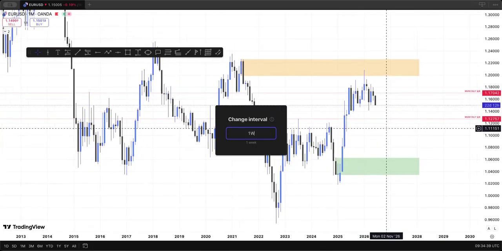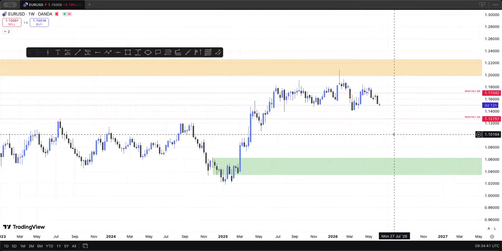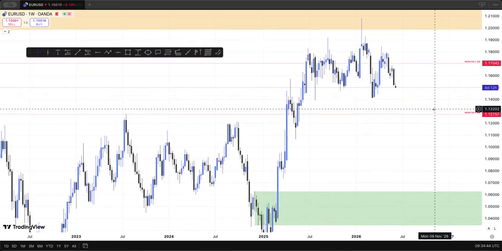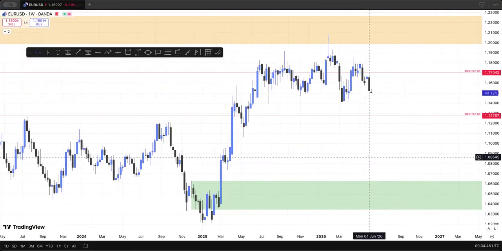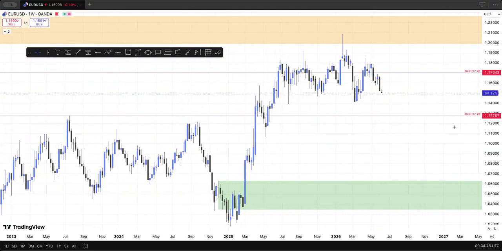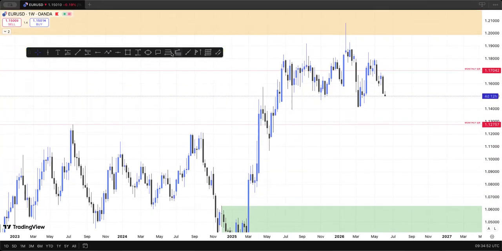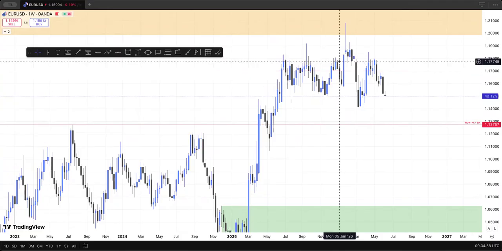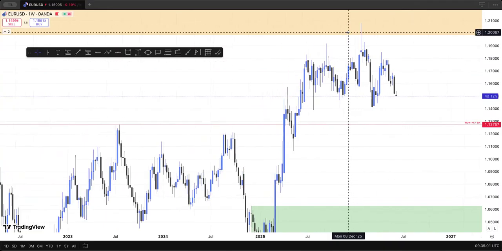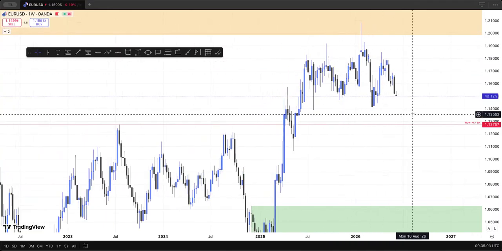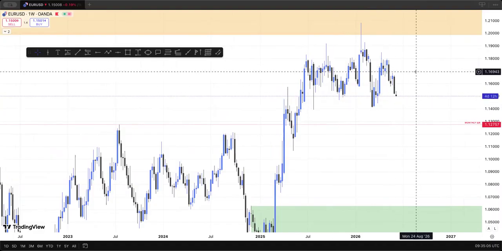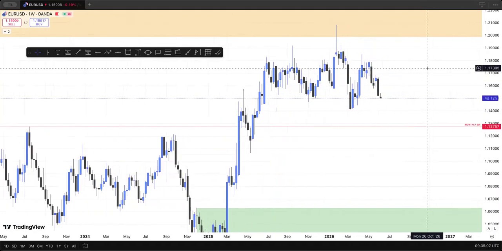So then I'll go to the weekly time frame. On the weekly time frame, what do we see? So let me delete this monthly support or resistance because we gave the impulse. We started giving the impulse from the supply instead of the support or resistance. So I delete that.